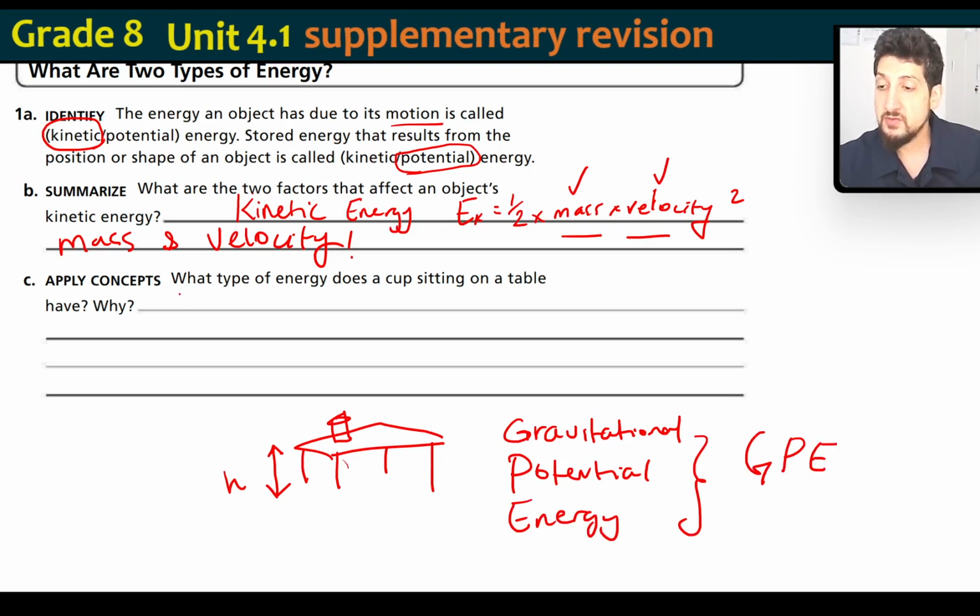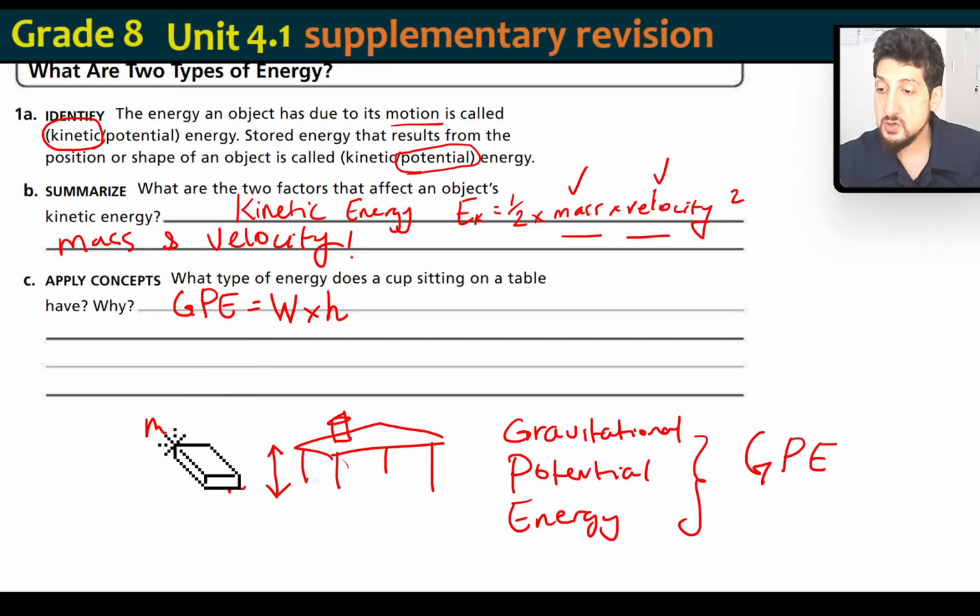And the formula for gravitational potential energy is mass times gravity times height, also known as weight times height. And weight is actually mass times gravity, your mass multiplied by gravity.